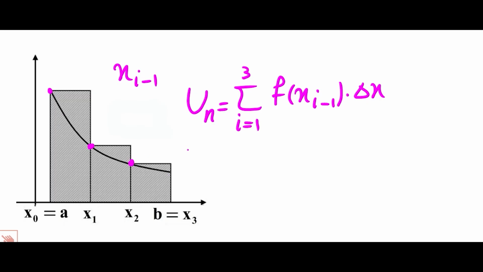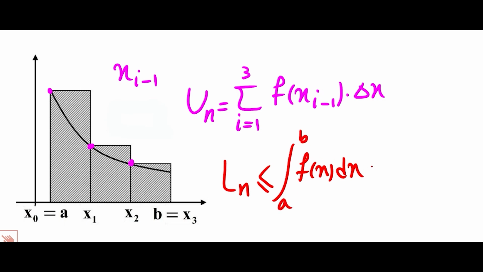In all cases, the true area under the curve is trapped between these two sums, meaning L n is less than or equal to the integral of f of x dx from a to b, which is less than or equal to the upper sum. As we increase n, the number of rectangles, these two values will eventually converge to the exact integral.